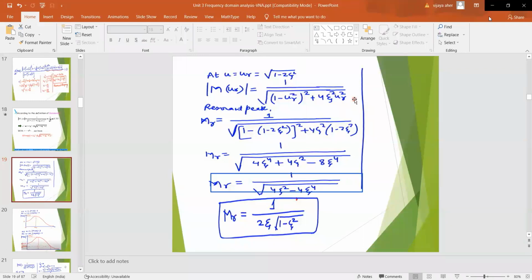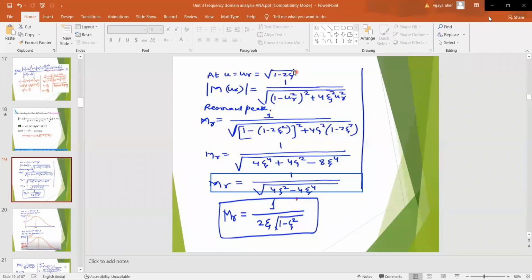Now the resonant peak is denoted by the letter M R. The maximum resonant value is nothing but the resonant peak. So this resonant peak specification is denoted by capital M suffix R, which is equal to 1 divided by under root, and what is u r? u r is equal to under root of 1 minus 2 zeta square.